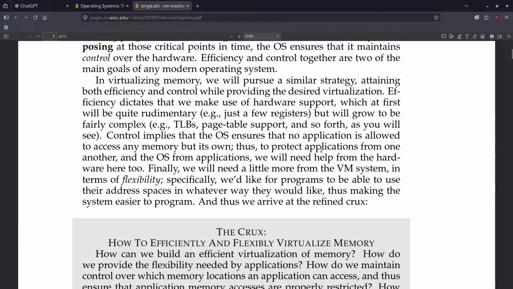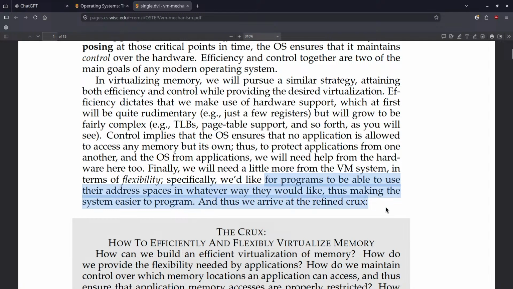Thus, to protect applications from one another and the operating system from applications, we will need help from the hardware too. Finally, we'll need a little more from the VM system, the virtual memory system. In terms of flexibility, specifically, we'd like for programs to be able to use their address space in whatever way they would like, thus making the system easier to program.